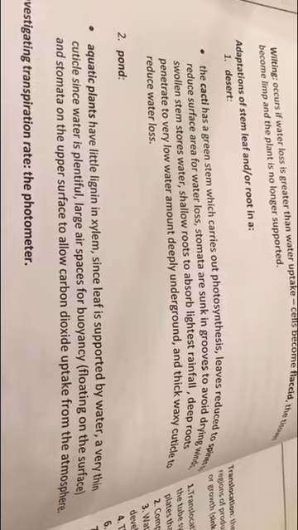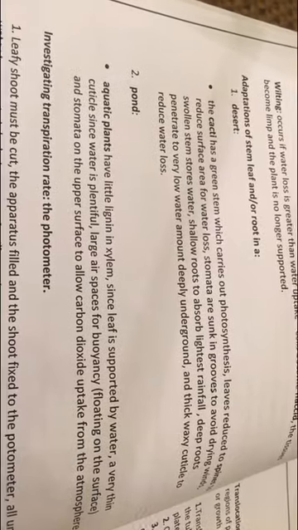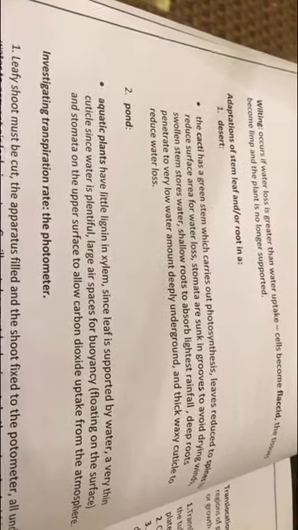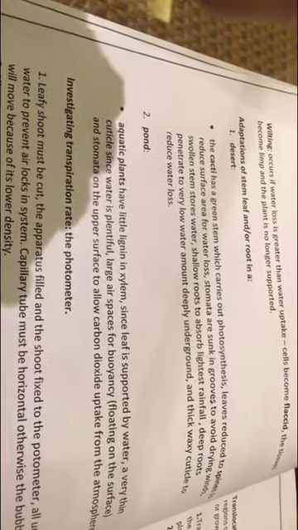Now, let's go back to other adaptations. Also, the xerophyte plants have sunken stomata. Sunken means that the stomata are hidden, and the leaves are rolled in order not to let water evaporate.